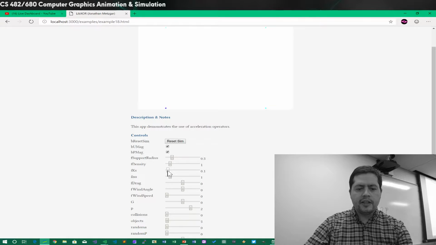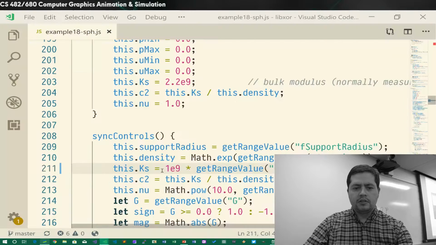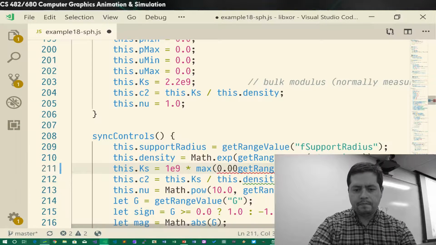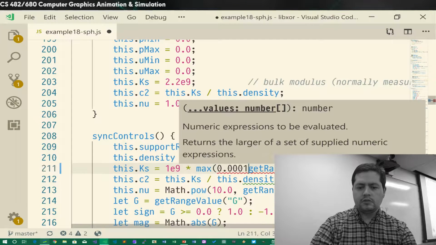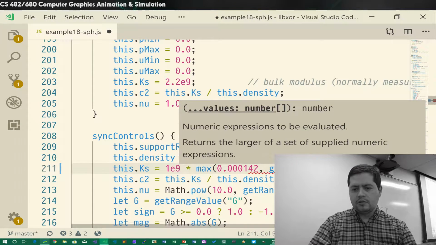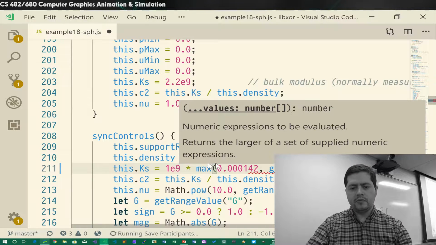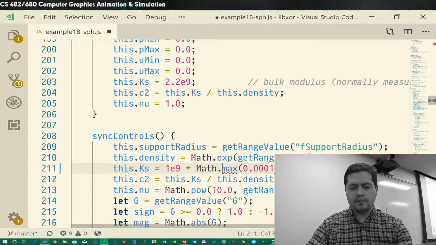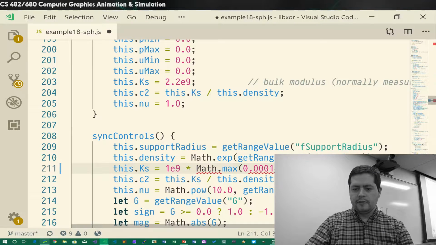And I should actually make that, let's do this, because if I throw in a value of 0, just put air. This is the smallest number you could have. Math.max. Okay.